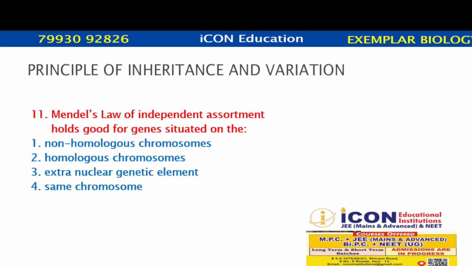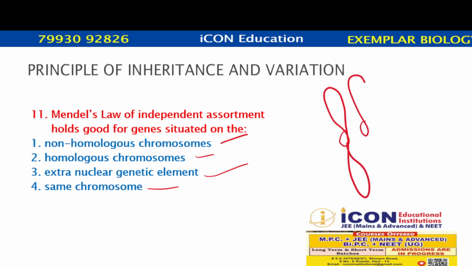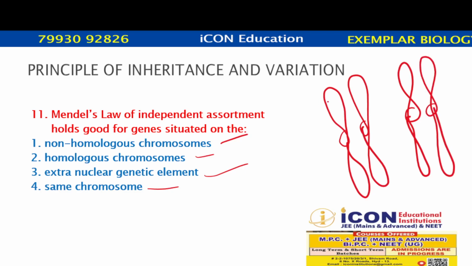Mendel's law of independent assortment holds good for genes situated on the non-homologous chromosomes, homologous chromosomes, extranuclear genetic element, same chromosome. If two genes are present on the same chromosome, we call the pattern linkage. For Mendel's law of independent assortment to be possible, the selected two characters like seed color and seed shape should be present on two different homologous pairs of chromosomes.